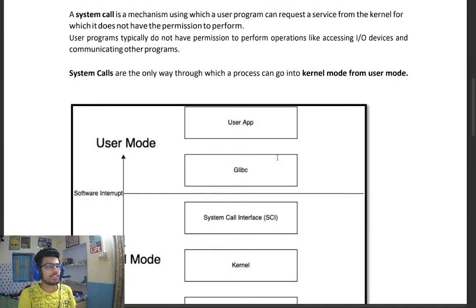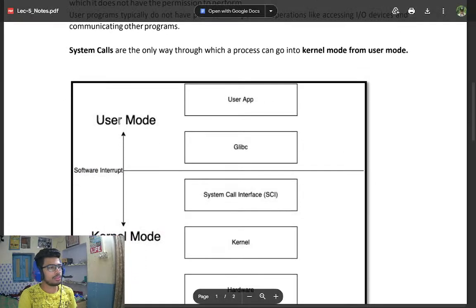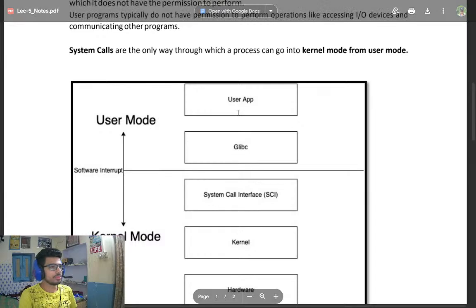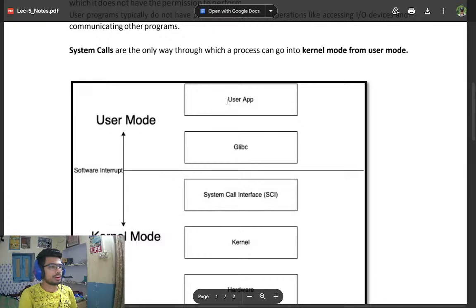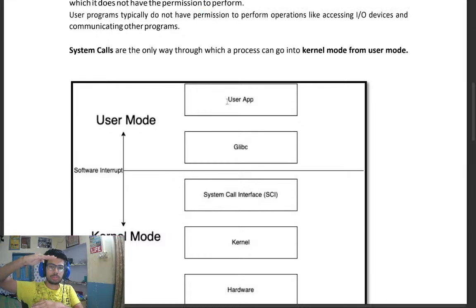As you can see, we have two modes. First is user mode and second is kernel mode. In user mode our application is running, in user space, and in kernel space all the kernel and hardware work happens. So glibc, what is this?